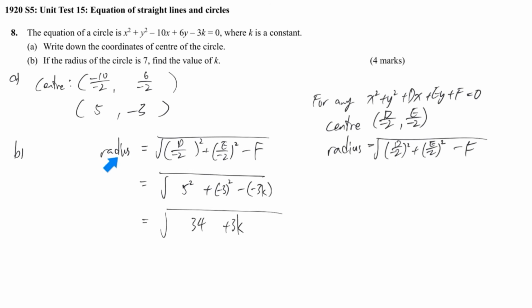It's given that the radius is 7, so we simply replace it by 7. And then we handle it. I don't want a square root, so I choose to square both sides. It becomes 49, and on the right hand side, the square root is removed. 3k is equal to 15, therefore k is equal to 5.